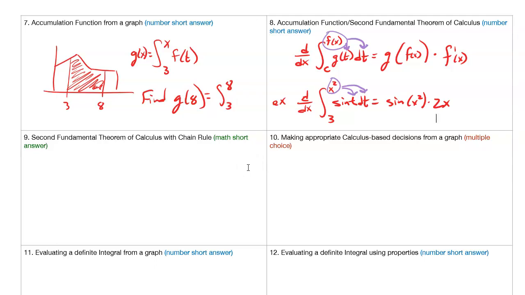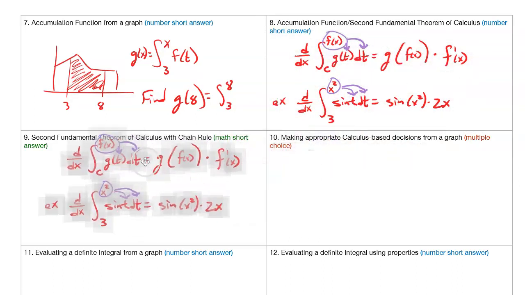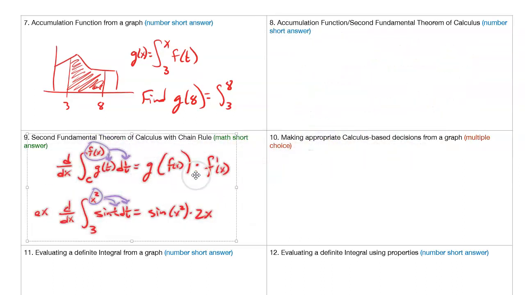Oh, my bad. I should have read ahead. Let me pretend that I said all of that for question 9, because question 9 says second fundamental theorem of calc with chain rule. Question 8 is supposed to be an easier fundamental theorem of calc.